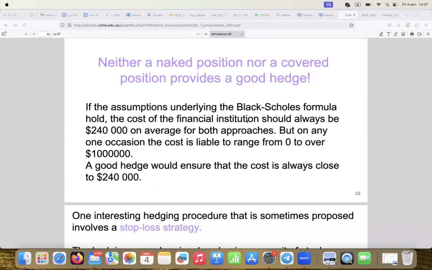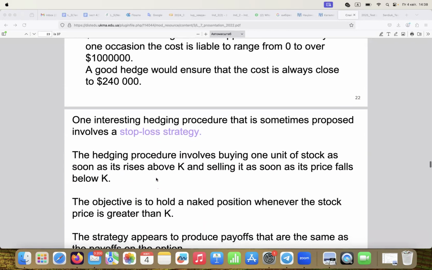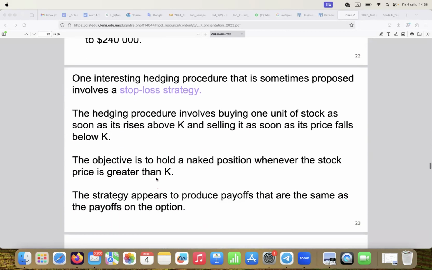If we are going to use the Black-Scholes formula and Black-Scholes strategy for constructing a riskless portfolio, this strategy costs close to 240,000. It will be later today, but maybe about another hedging strategy first.